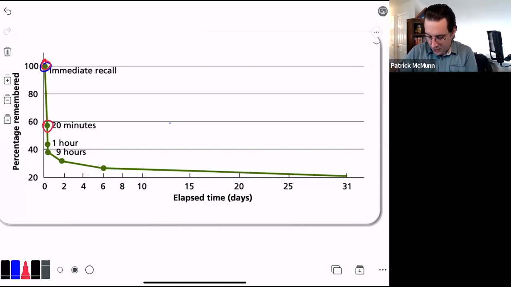After an hour, it dropped to just above 40%. And after about 9 hours, it's 30%, okay?